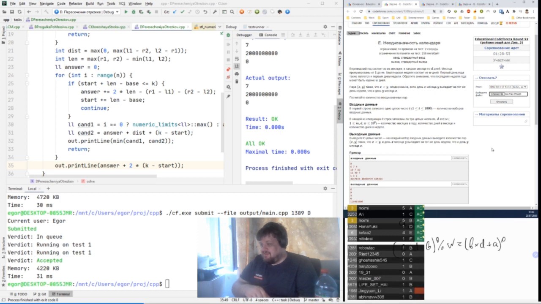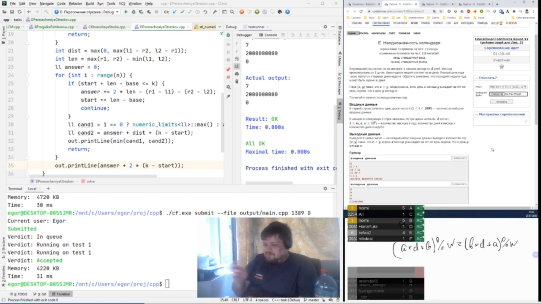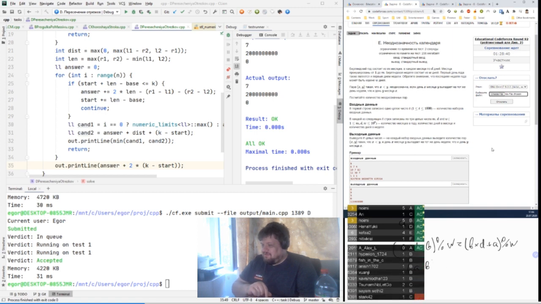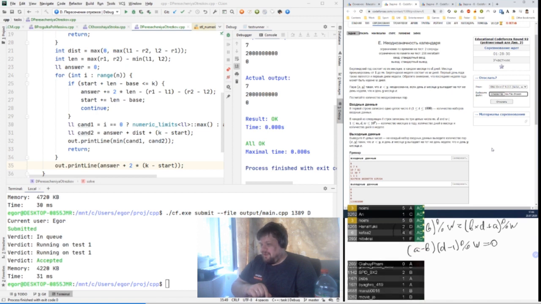Yes, we have this equation, so we will transfer some of the terms, and we will convert this so that a minus b times d minus 1 modulo w is 0.